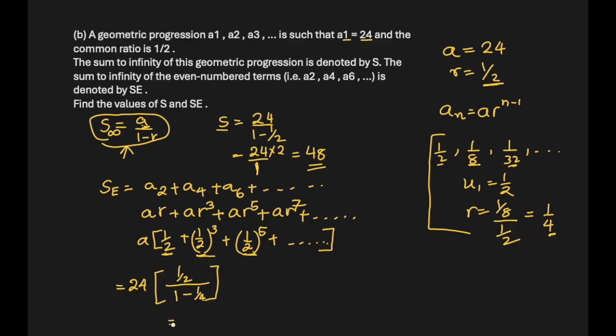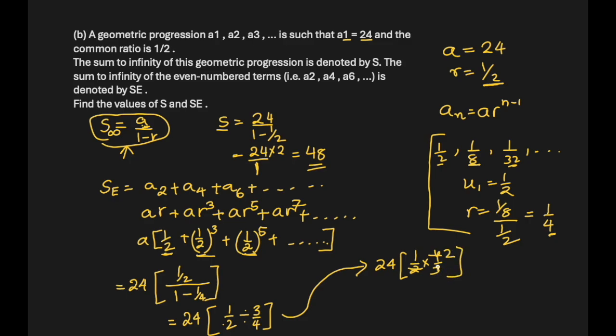So that comes out to be 24 multiplied by half, divided by 1 minus 1/4, which is 3/4. Let's complete here. 24 times, this will cross over, 1 over 2 times 4 over 3, so 2 and 4 cancel, 2 over 3 here, and this 3 will also cancel with the 24, so 8 times 2, 16 is SE.